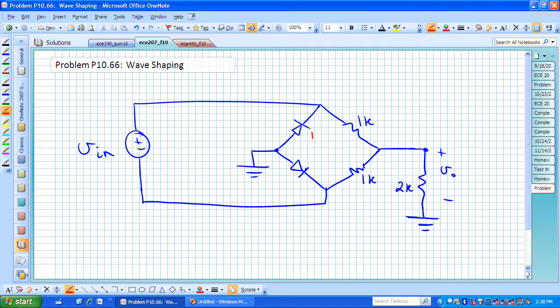This diode I will probably call diode 1 or D sub 1. Here's a diode D sub 2, and typically we like to know how that diode is behaving in the circuit. Is it on? Is it off?